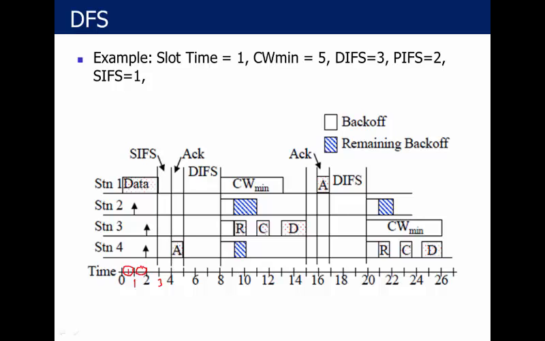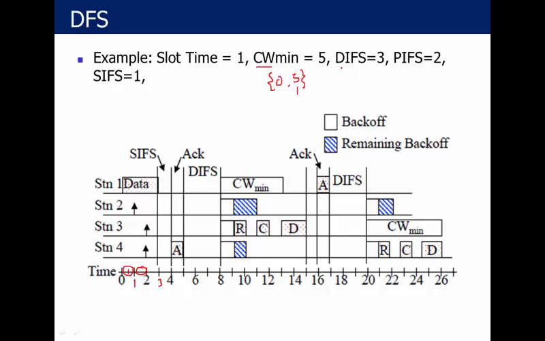The contention window is a minimum of 5, which means contention from 0 to 5 within this time window. The minimum is 5 and it can be more than this: 1 to 5, 1 to 6, 1 to whatever that is.